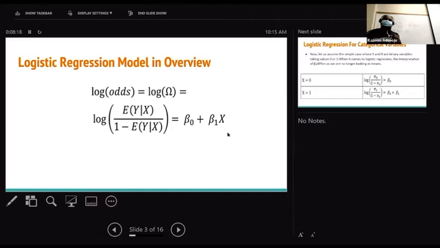The expected value of y given x can actually replace pi. Take a look at what I have right now. And 1 minus the expected value of y given x is the same thing as 1 minus pi.